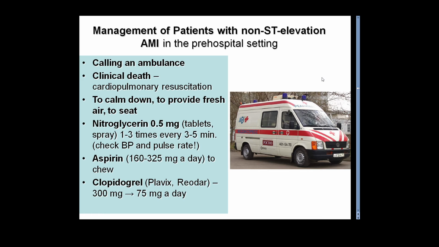Keep the patient calm, provide fresh air, and have them sit. Nitroglycerin 0.5 mg in tablets or spray 1 to 3 times every 3 to 5 minutes with BP and pulse control.